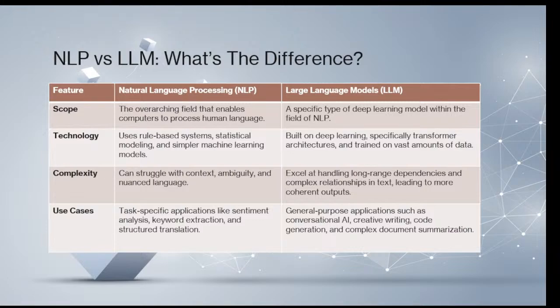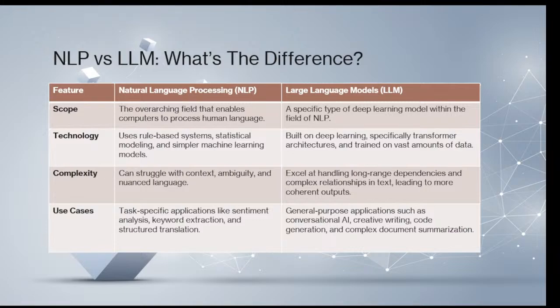Again, it talks about the complexity, what they can do, what they can't do. The LLMs are very, very good at handling long-range dependencies and complex relationships in text, diving into the sentiment of what that feedback means. What is that customer really expressing when they say X about their experience?